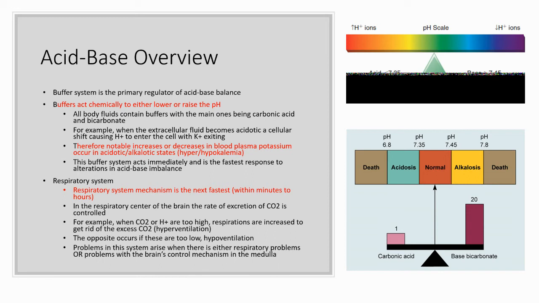We call this hyperventilation. The opposite occurs if these are too low, so hypoventilation occurs, thus causing a lowering of the hydrogen. Now, problems in the system arise when there are either respiratory problems or there are problems with the brain's control mechanism in the medulla, which controls the respiratory center.